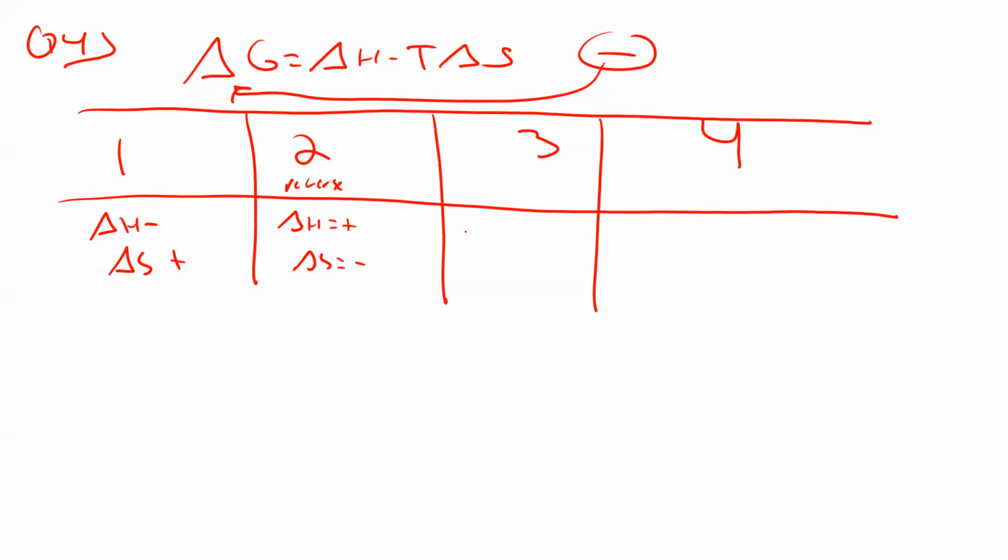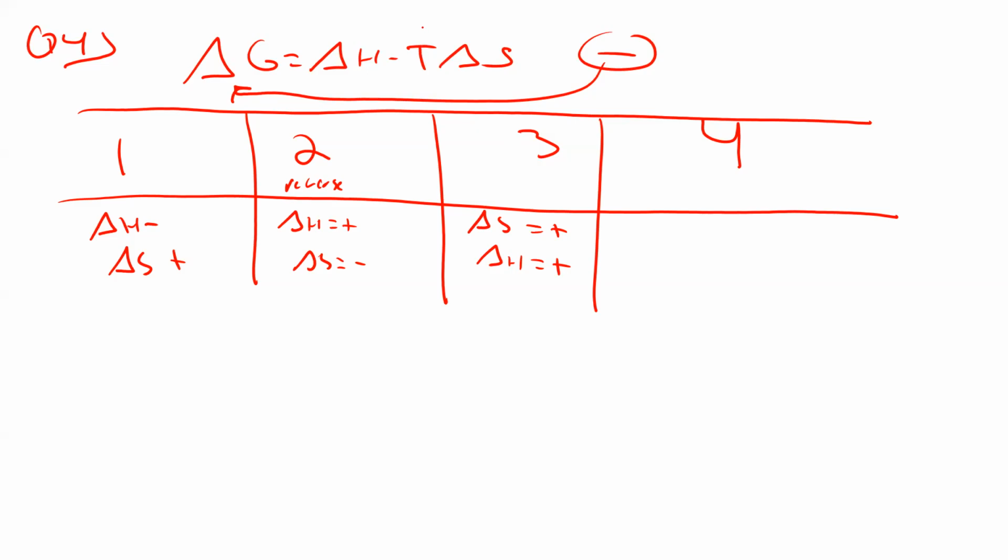Spontaneous as written above a certain temperature. Let me see. So above a certain temperature, delta S will be positive and delta H can be positive. Because think about this.